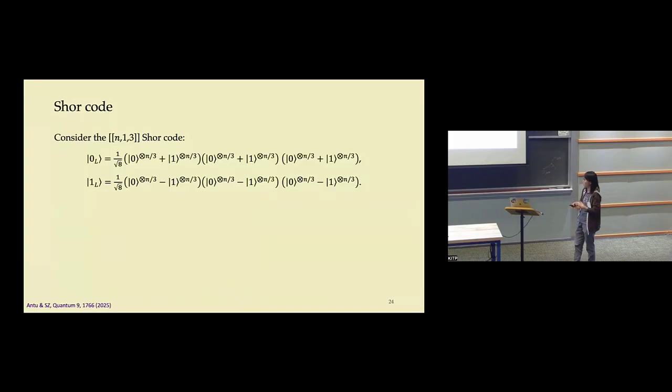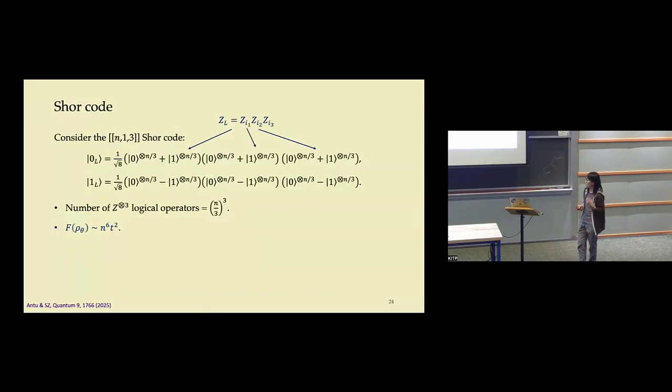It is simply the tensor product of 3 GHZ states. The reason that it is particularly good for sensing the three-body Z interaction is that there are many Z3 logical operators.